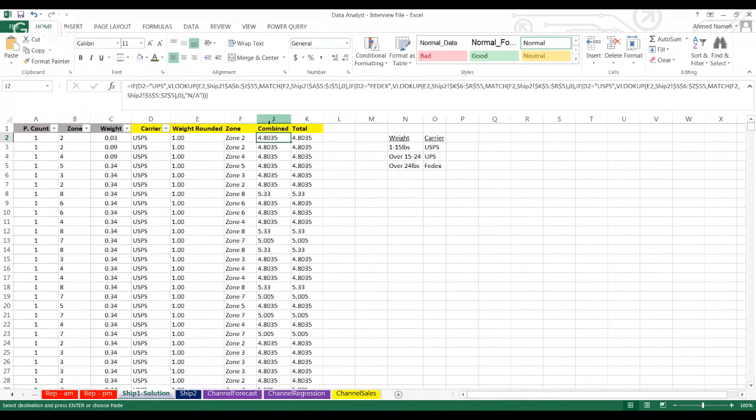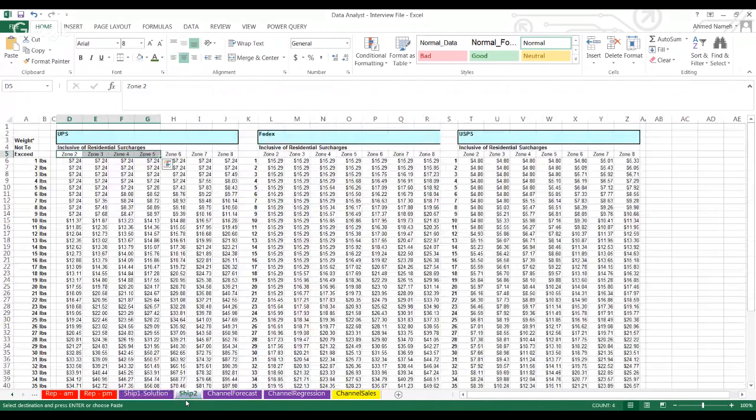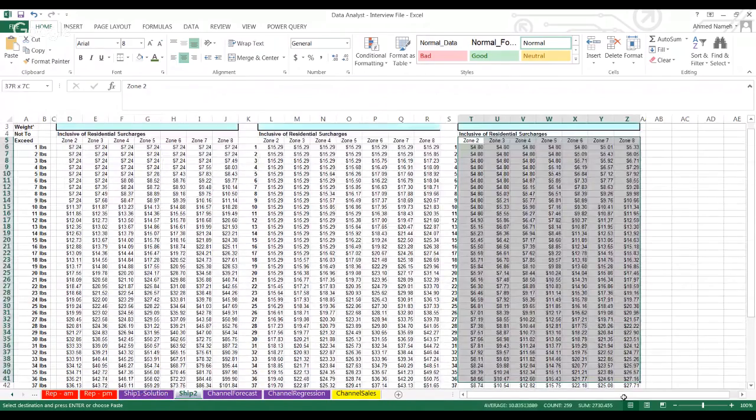What it essentially says is if D2, which is, if column D, which specifies what the carrier is, UPS, then we're interested in essentially doing a VLOOKUP based on the weight and zone of this block right here that falls under UPS.